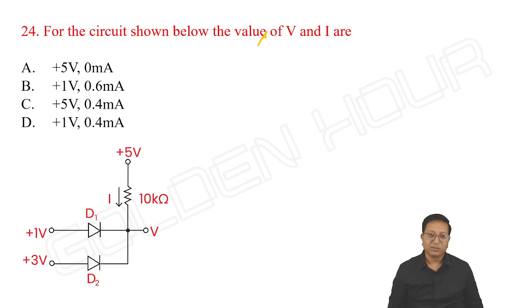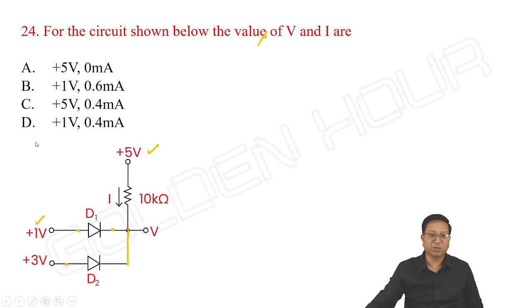Look at the diode D1. Its anode is going to 1 volt, but its cathode is going to 5. So is it possible for D1 to conduct? Even though the cathodes are at the same potential, we cannot simply conclude that the anode of D2 is at higher voltage, so D2 will conduct. It is not so.